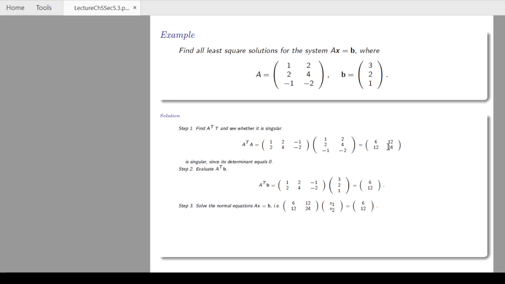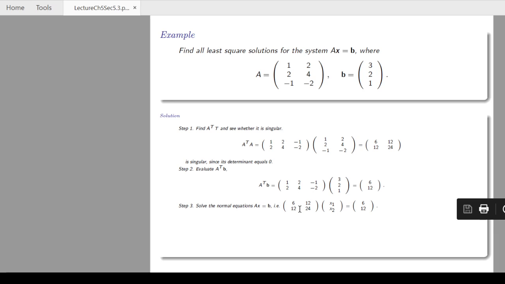The second step is to evaluate A transpose times B. That gives us this vector, which is 2 by 1. The third step is to solve the normal equations. So this is A transpose times A, then times X, equal to A transpose times B. For this equation, we have 2 equations.